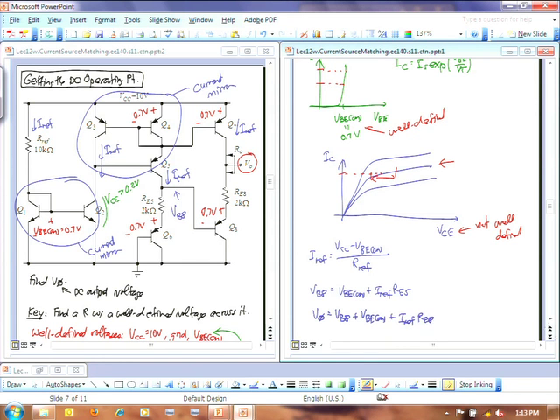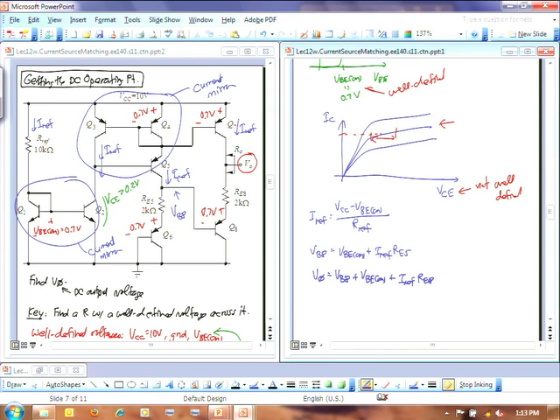And that's the answer. And I can expand this because I know what VB8 is. VB8 is this thing, so this is going to be 2 VBE ons, if I add this VBE on with that from VB8, and then plus IREF times (RE5 plus RE8), and that's my answer.